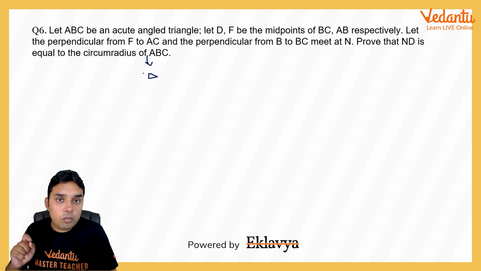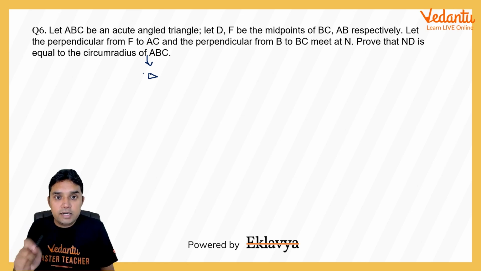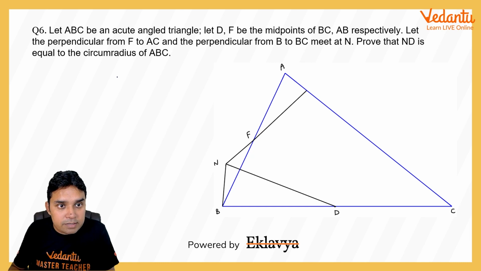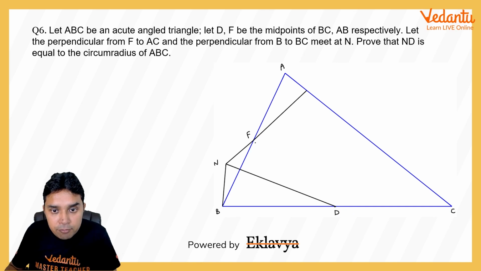Now once again we should make one proper diagram to understand what exactly is given and what exactly is asked. Please see what they have given: ABC is an acute angle triangle and D and F are the midpoints of BC and AB respectively. Perpendicular from F to AC is drawn, and perpendicular from B to BC.